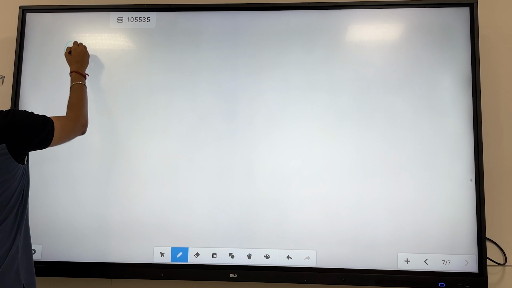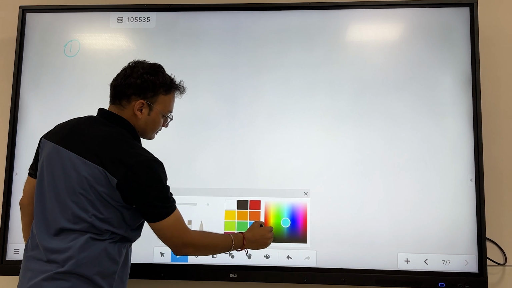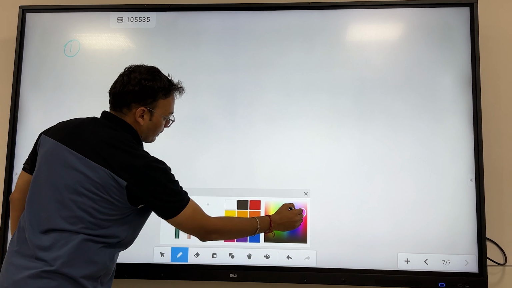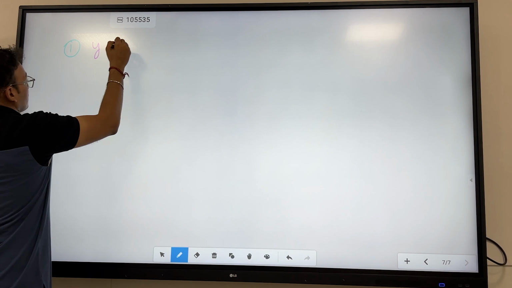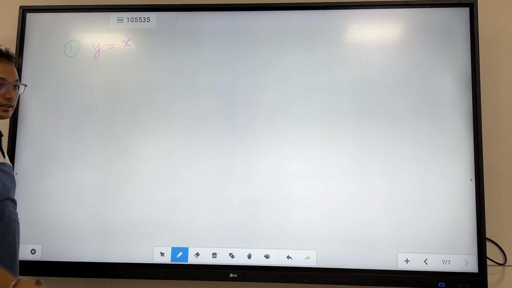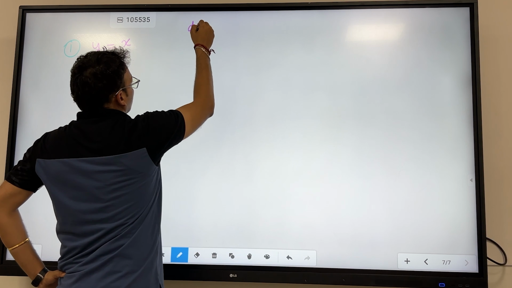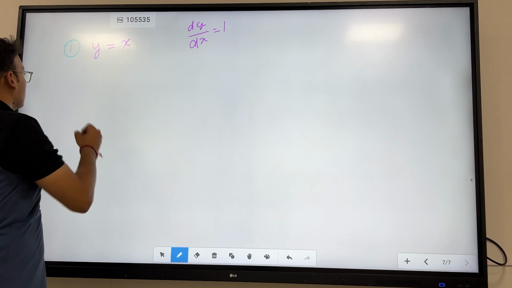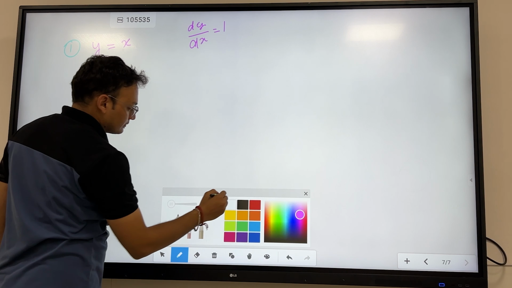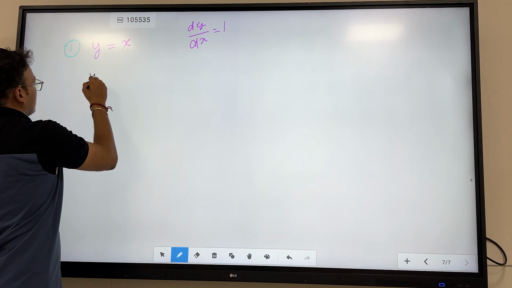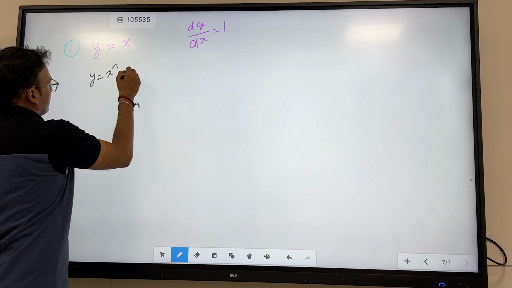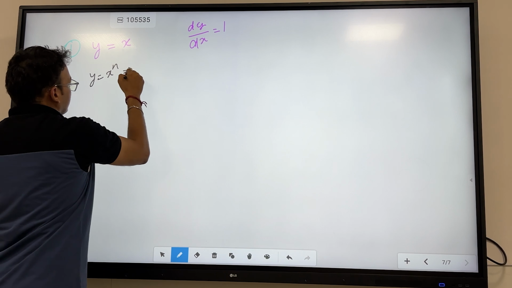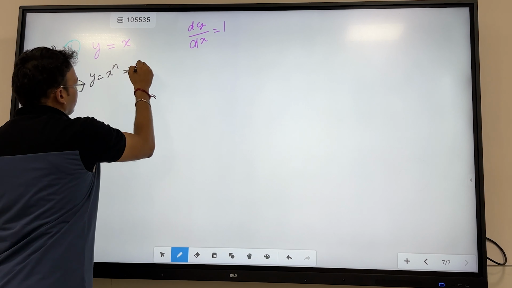The first question was y is equal to x, right? And when I solved this equation using the first principle, I got the value 1. Now let's use the general rule, which is: if y is equal to x raised to the power n, then the differentiation is n times x raised to the power n minus 1.